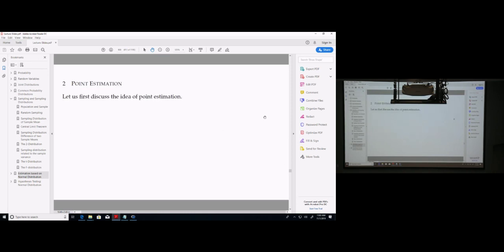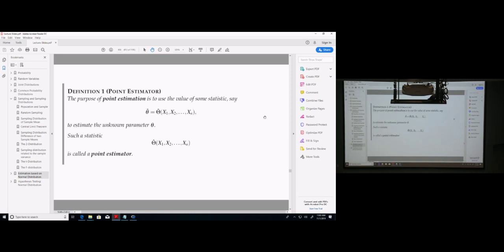So let us first discuss the idea of point estimation. This is awful here, okay. But what it says is that a formula, so this uppercase theta, takes a bit of time to get used to. All right, so first thing, think of the big theta, okay. This represents the uppercase of the Greek letter theta. This is the uppercase, this is the lowercase.